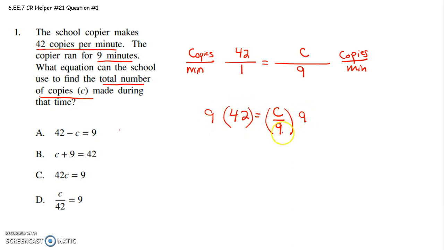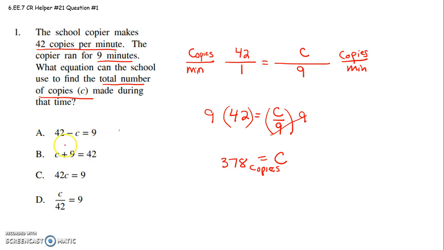So multiply both sides by 9. 9 divided by 9, bye-bye. On this side, I'm left with C, 9 times 42. So if I take a calculator and do 42 times 9, I get 378. So I know they'll make 378 copies in those 9 minutes.